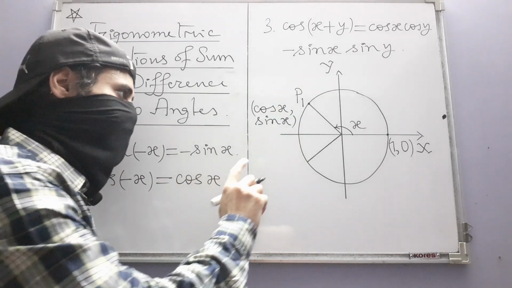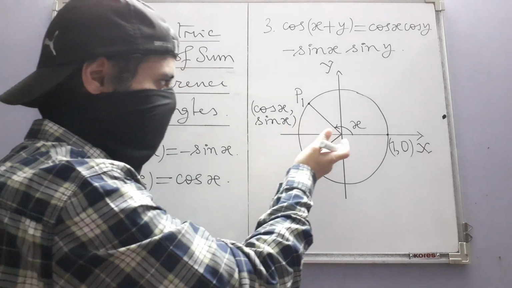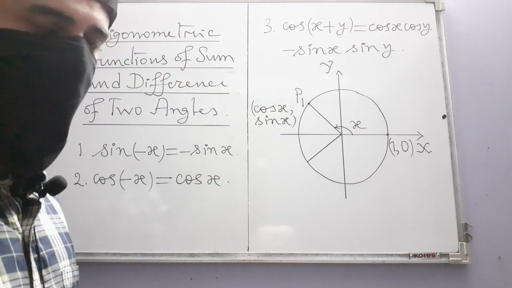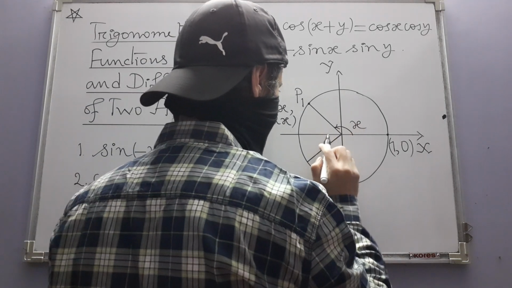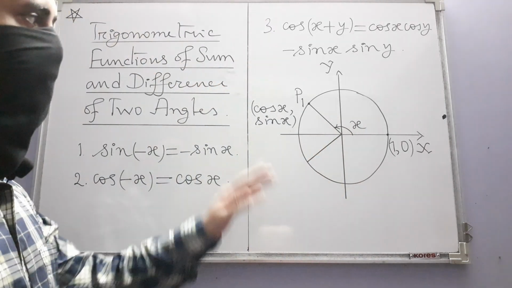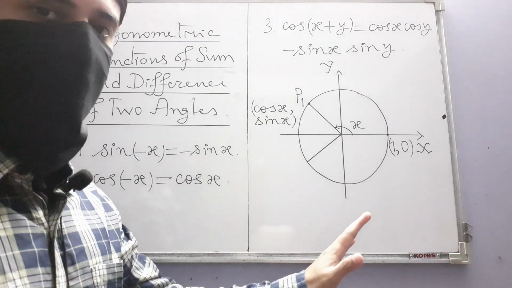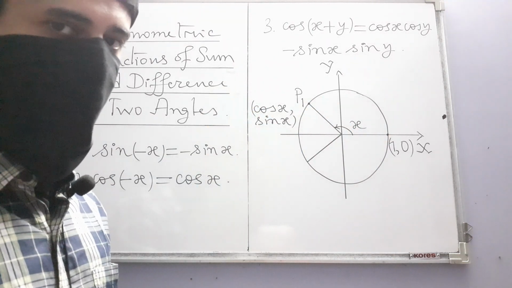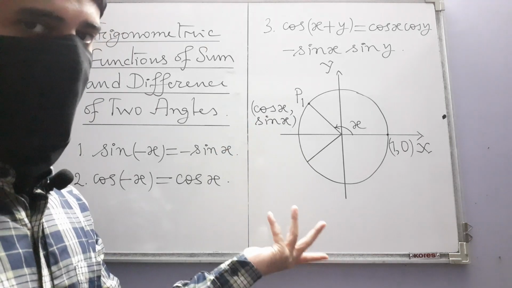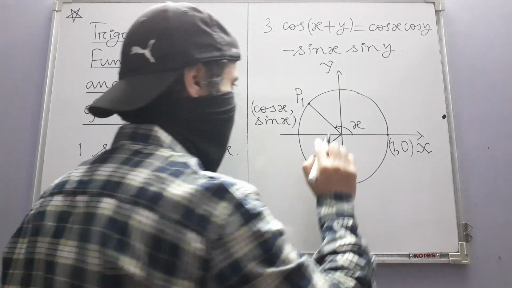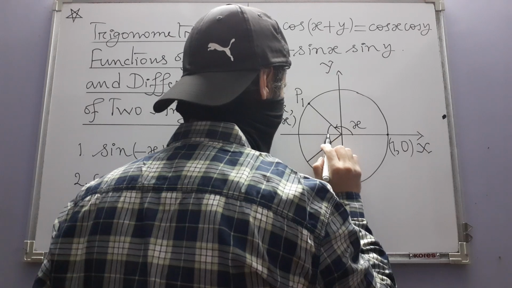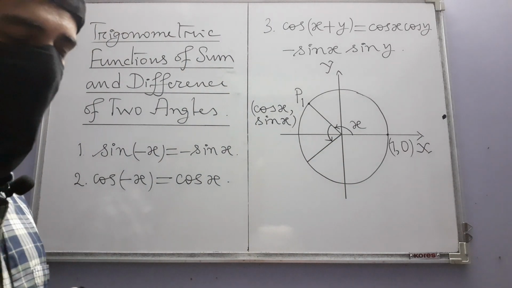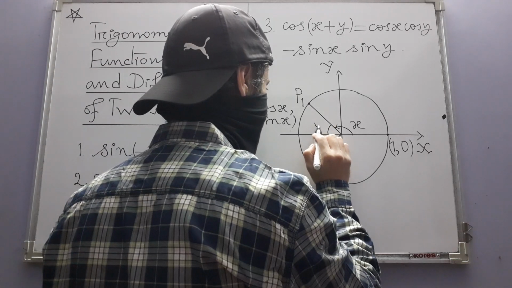So here also, despite y not being shown in the standard position, the rotation is anticlockwise because y is positive. That is another tacit assumption. The book doesn't say anything explicitly about these assumptions, but looking at the diagram, these assumptions become clear. So this is your y, again anticlockwise rotation, but not in standard position.